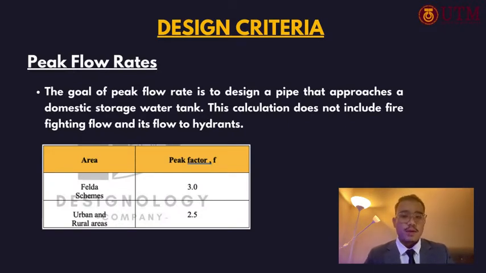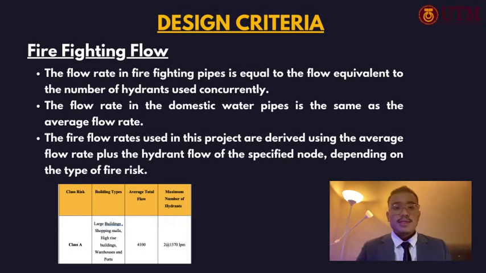The goal of peak flow rate is to design a pipe that approaches domestic storage water tank, and this calculation does not include firefighting flow and its flow to hydrant. Here is the table taken from SPAN that the peak flow rate we use for urban and rural areas, which is 2.5. Design criteria for firefighting flow.